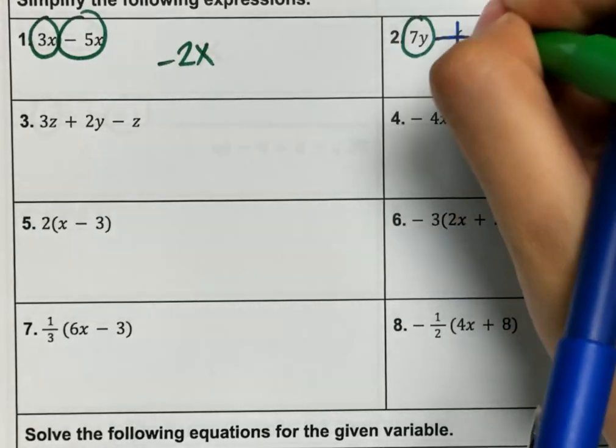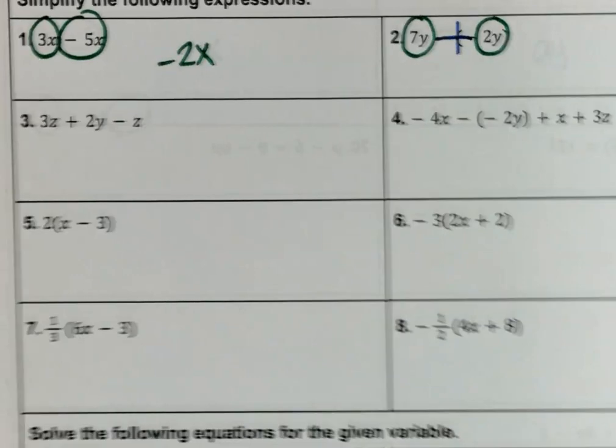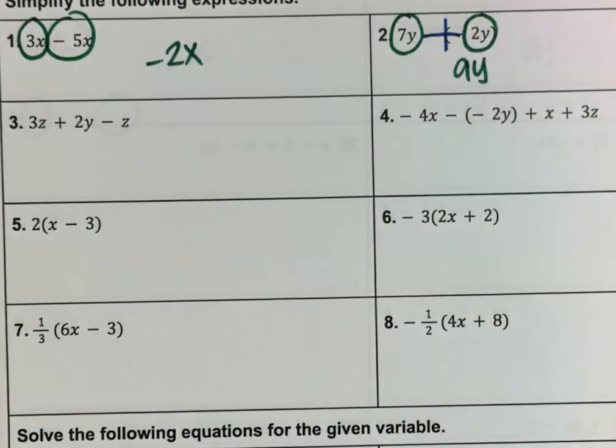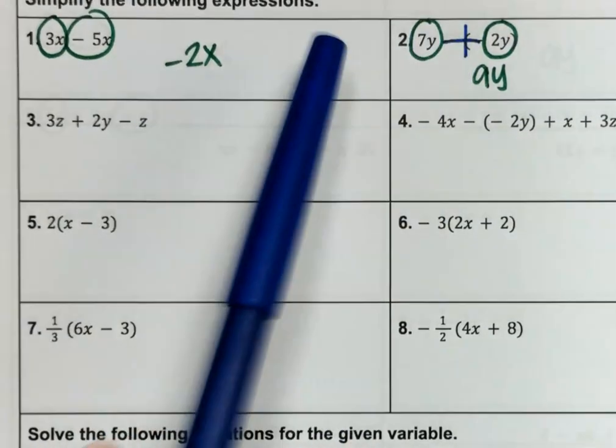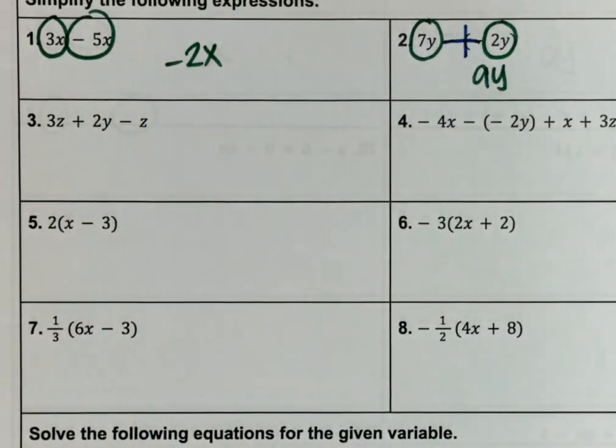Since the 7y and this 2y both have the same variable, I can combine them. It's combining like terms. 7y plus 2y is 9y. These are your answers for numbers 1 and 2. It's not x equals, it is just negative 2x and just 9y, because the direction told us just to simplify, because these are just expressions.